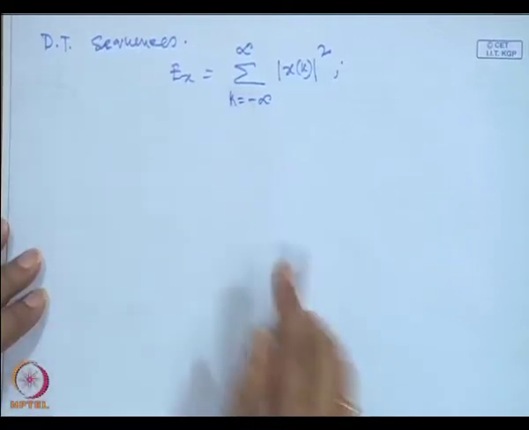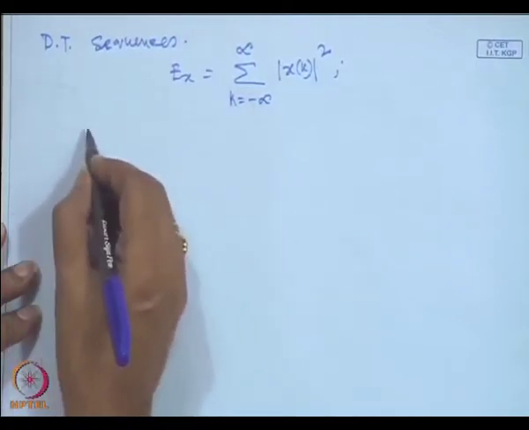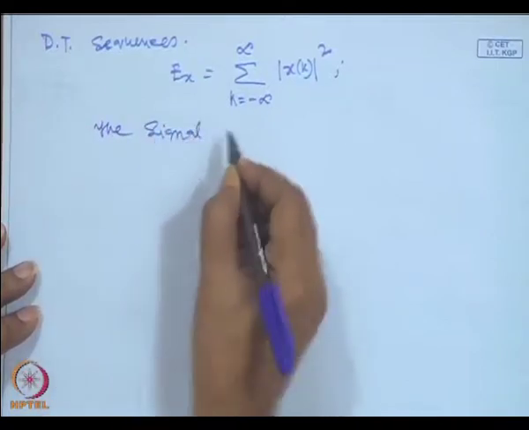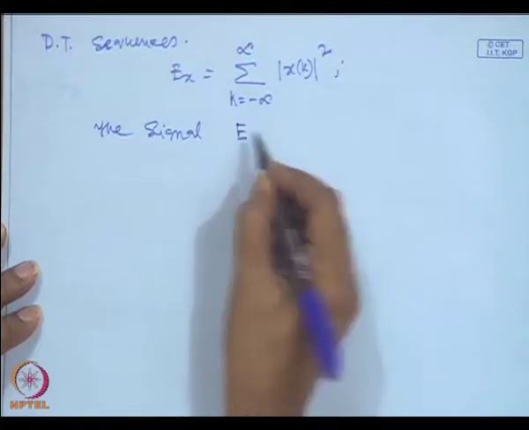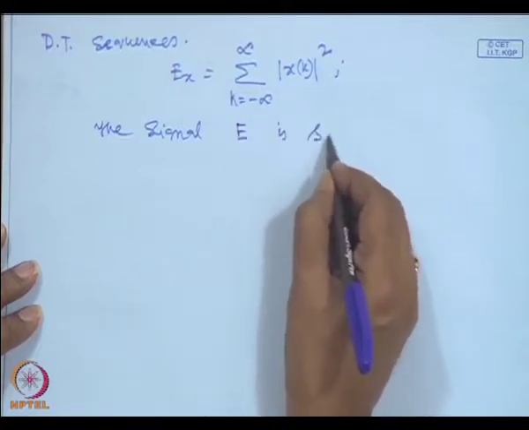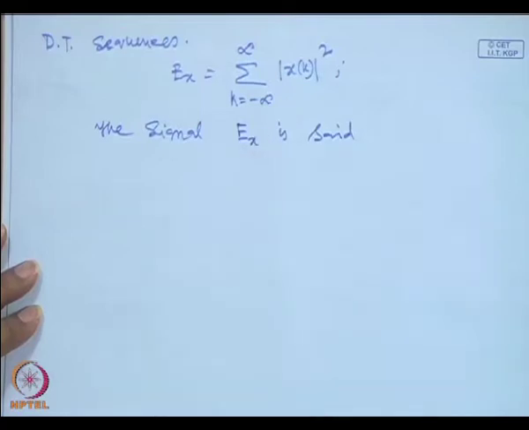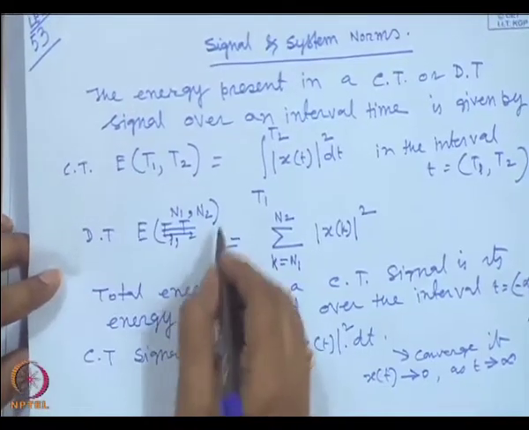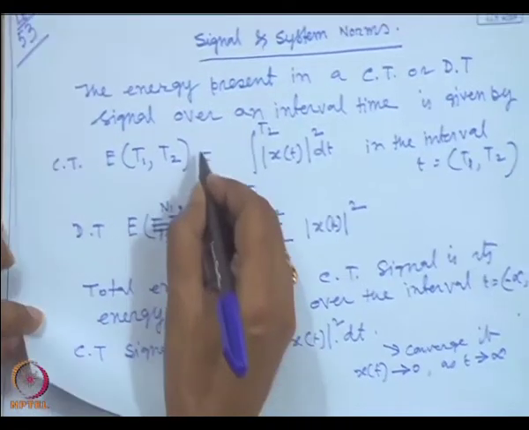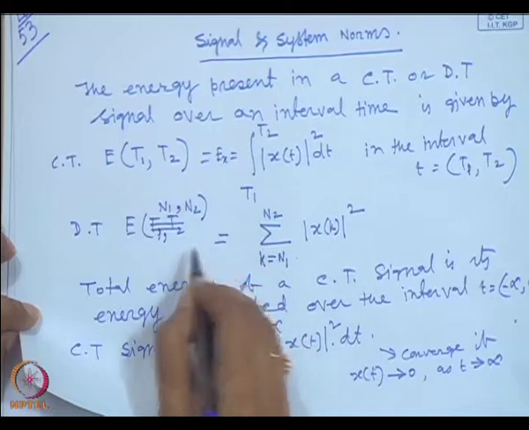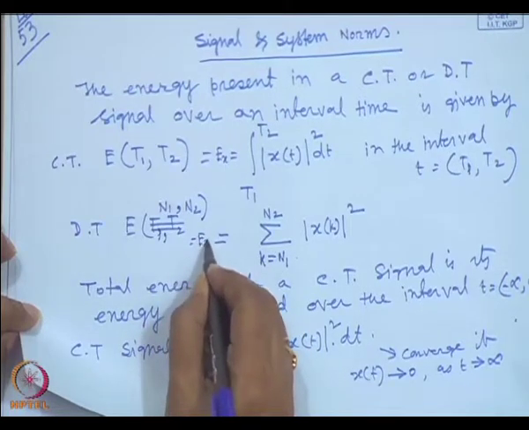Suppose you denote this thing as E of x, and this thing also you denote by E of x.